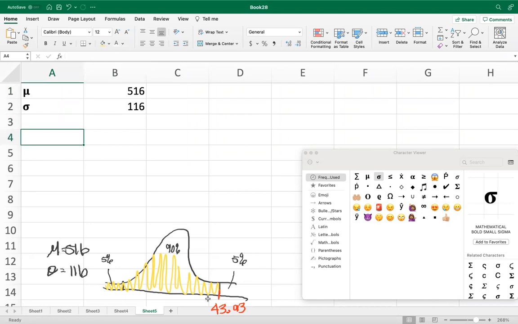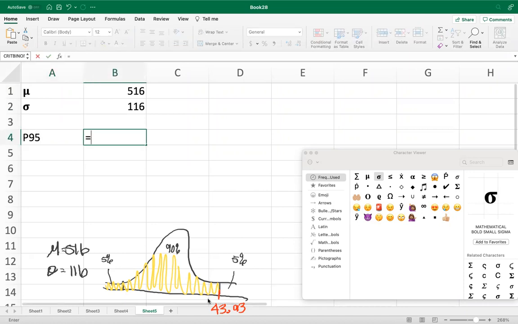So we're first looking at the 95th percentile. All right, now looking at these values. So this was a 43 point whatever. So looking at the 95th percentile, we have the data that separates the bottom 95% from the top 5%.